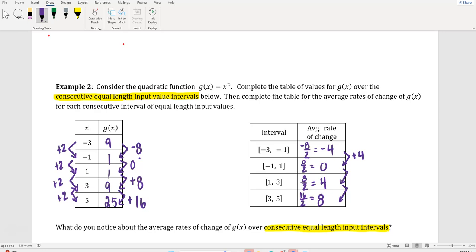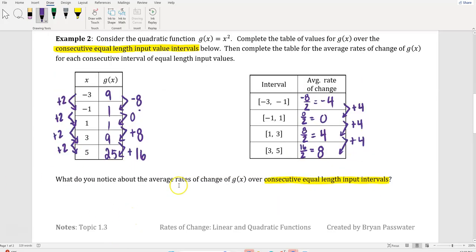From 0 to 4, up 4 again. From 4 to 8, up 4 again, right? So my average rate of change was not constant, but the rate of change of the rate of change is constant here. We could say that our average rates of change here are linear, right?